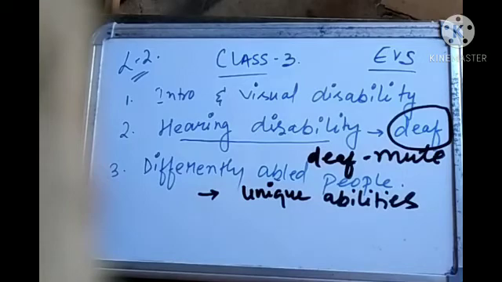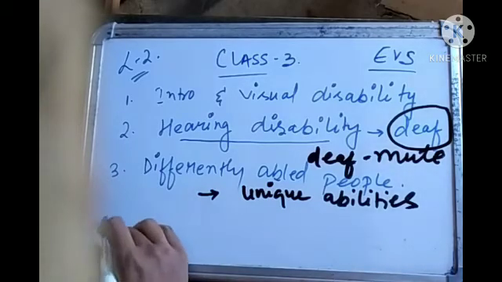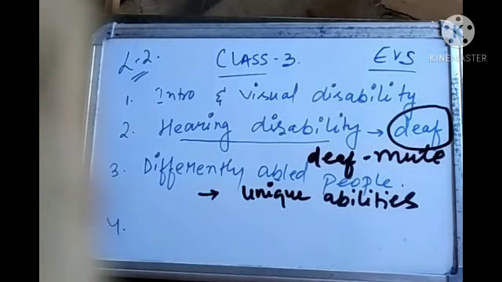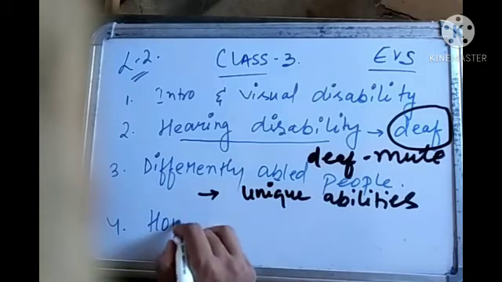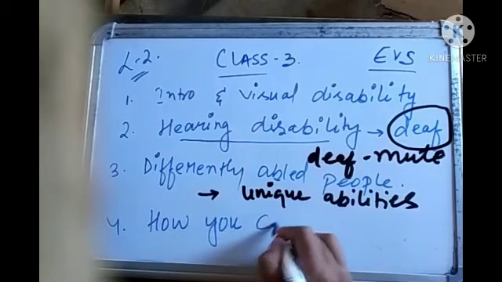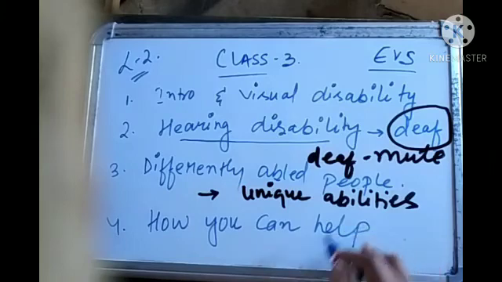So the last topic of today's lecture is how you can help. You have learned that there are many ways to help them, and we have discussed 4 points under this topic: respect them, try and understand, spend time with them, and help them.